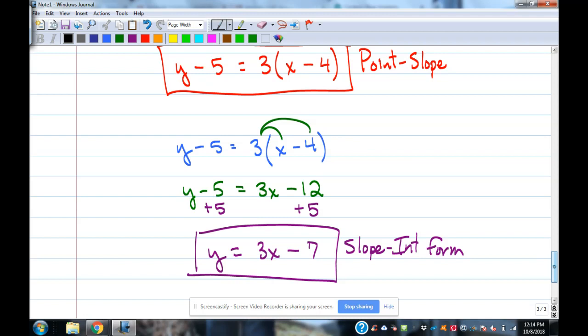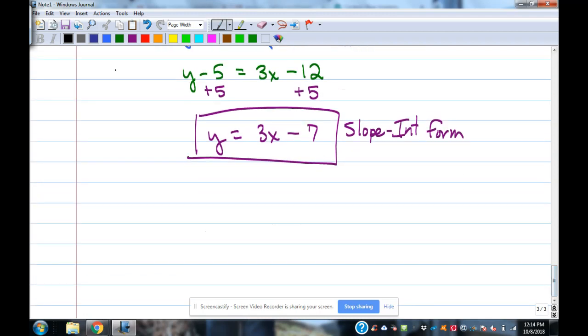Let's do another one. Let's say they give us a slope of 1/2. It goes through negative 6, 10. They give us a slope. We know negative 6, 10 is definitely not the y-intercept.